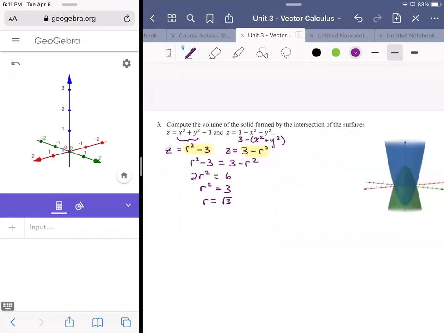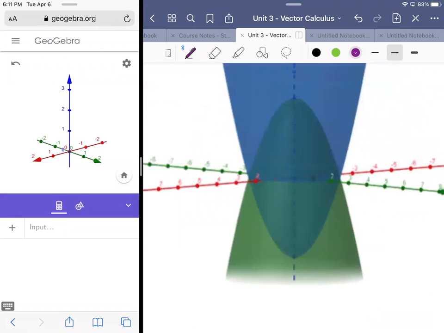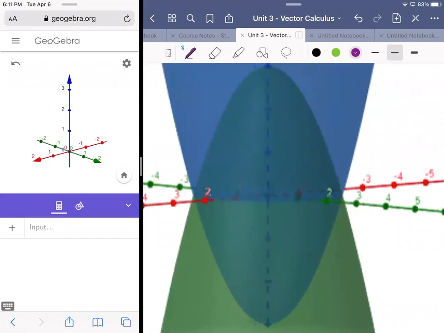So what that gives us is the intersection. That intersection appears to be in this neighborhood. It's not going to be perfect in terms of the diagram that I draw. Sorry, I got a little kink in the jaw there.